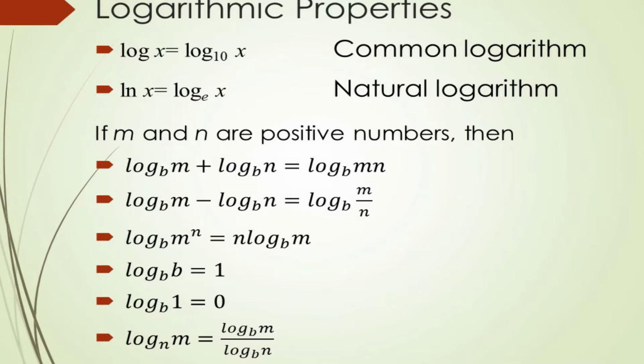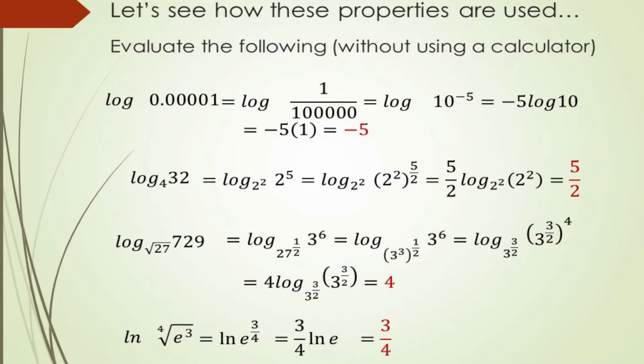let's try to evaluate the following without using the calculator. Let's say we have log 32 with a base 4. So how do we evaluate that one? That will become log 2 raised to 5, because 32 can be written as an exponential expression, which is 2 raised to 5. And 4 can be written as 2 raised to 2.